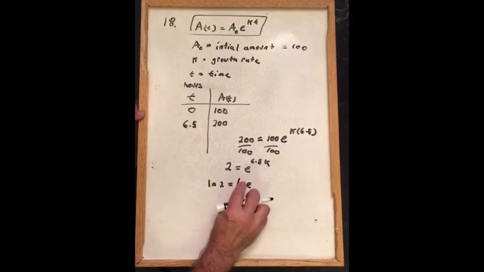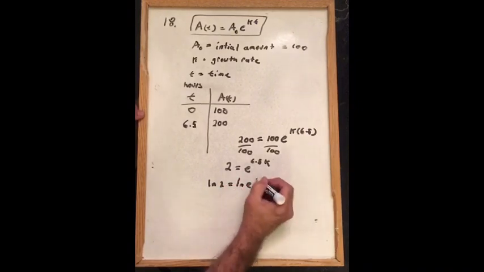That's ln, by the way. My handwriting is getting worse. 6.5k.